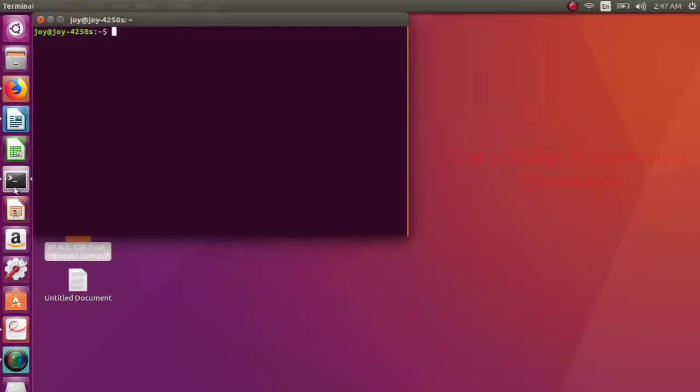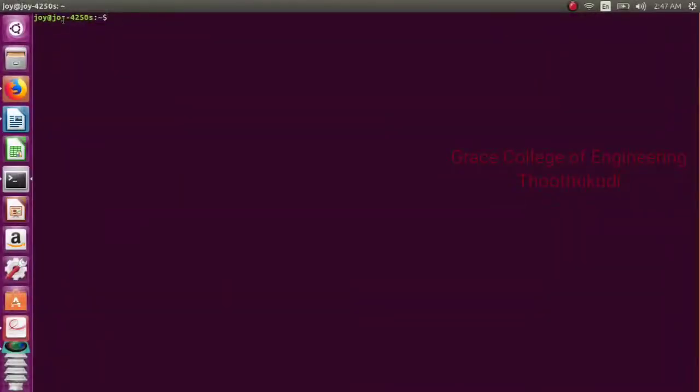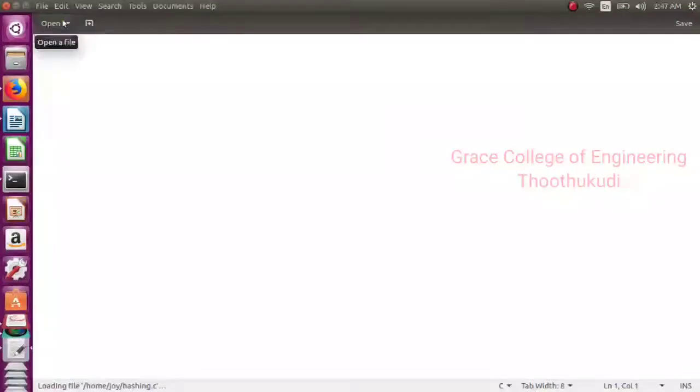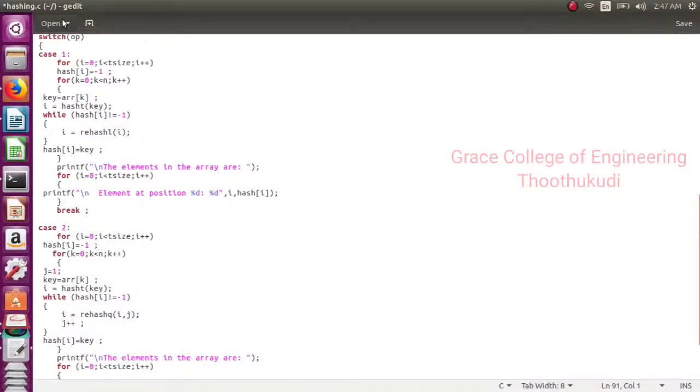For that you have to open the terminal window. For typing the program, open the text editor by using the command gedit. Hashing.c is the program name. In the text editor window type the program, then save it and close it.